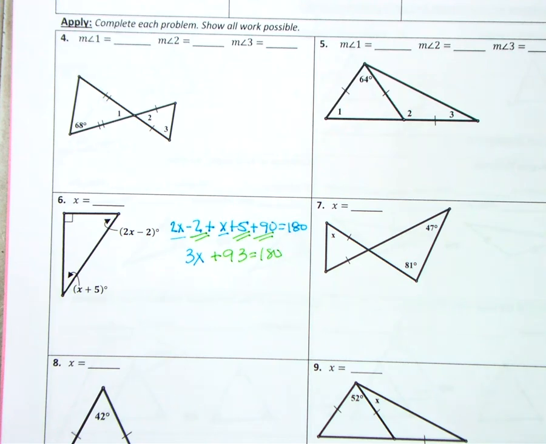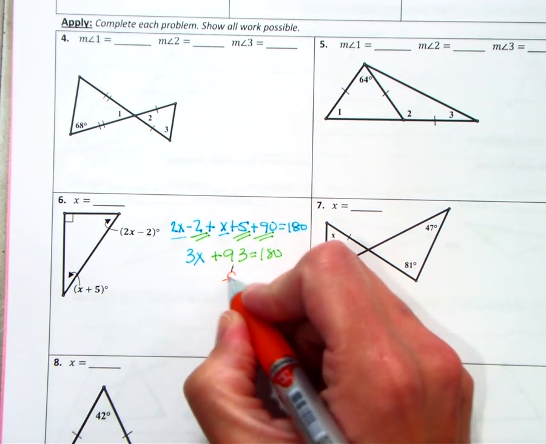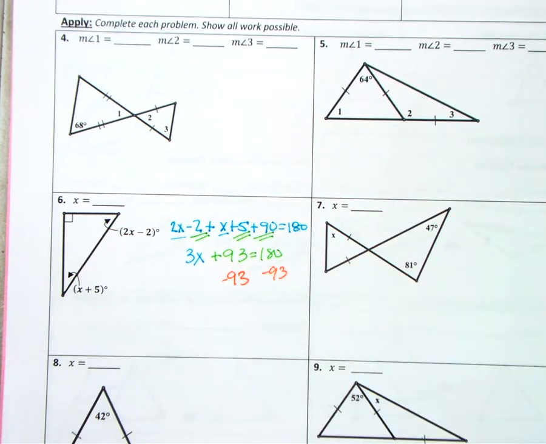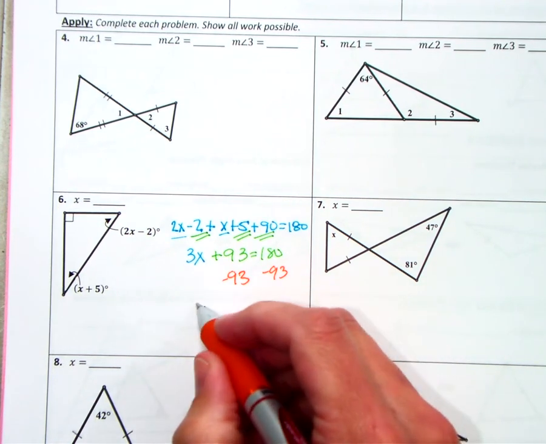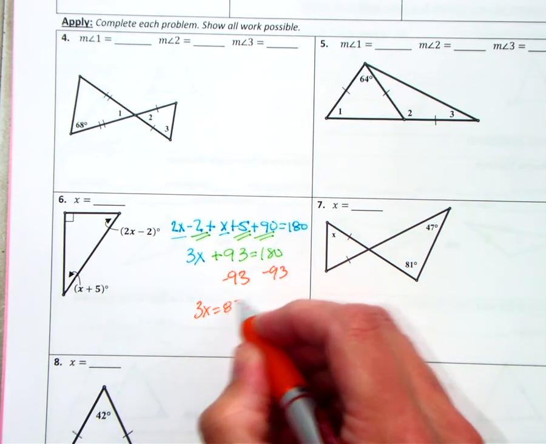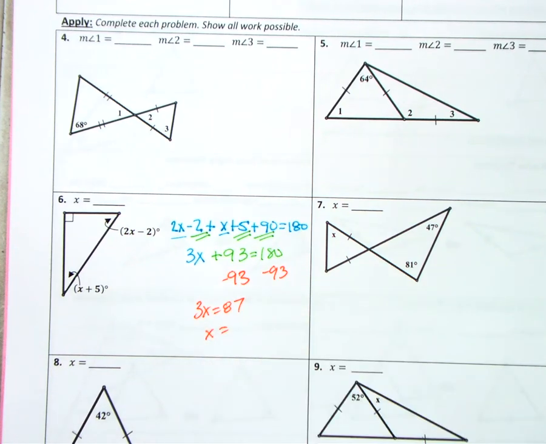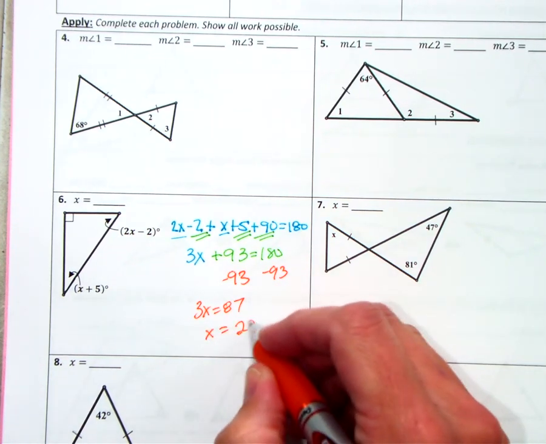Then we will subtract 93 from both sides. So it's 87. So 3x is equal to 87. Divide by 3. 29.